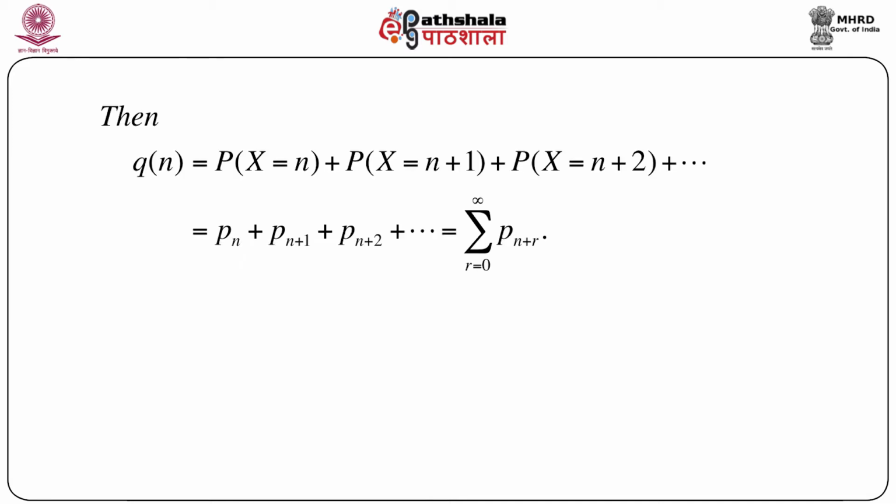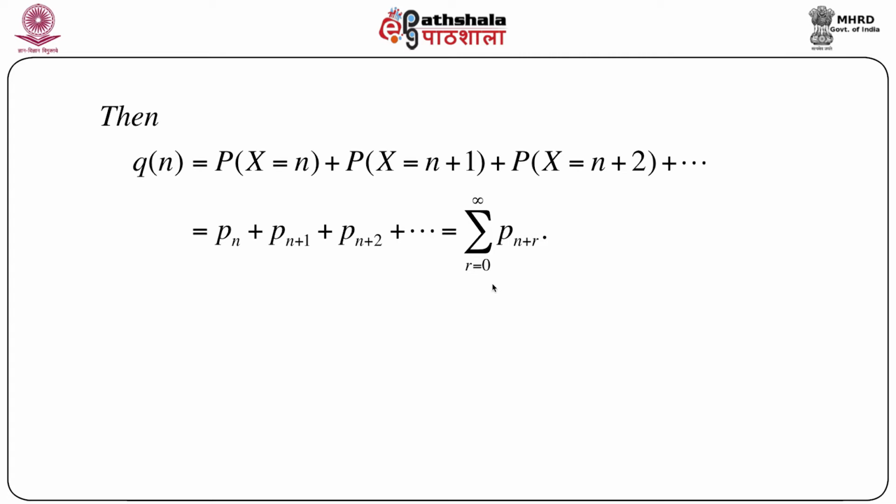First, note the meaning of q_n in terms of simple probabilities based on X. q_n is the probability that X is greater than or equal to n, meaning the probability X equals n plus the probability X equals n plus 1 plus the probability X equals n plus 2 and so on.